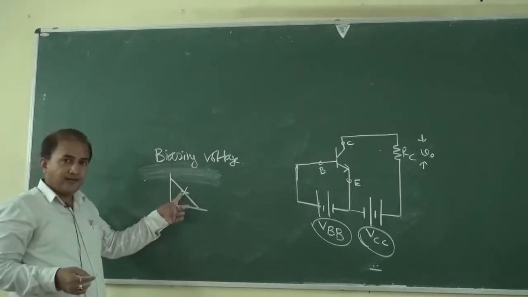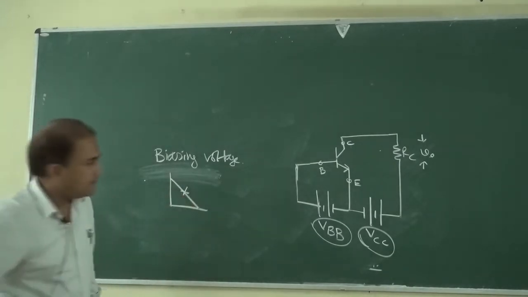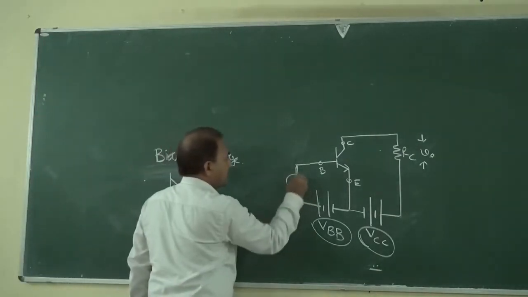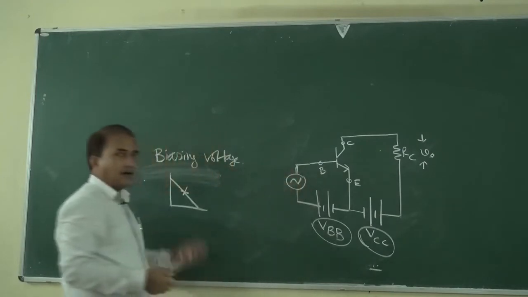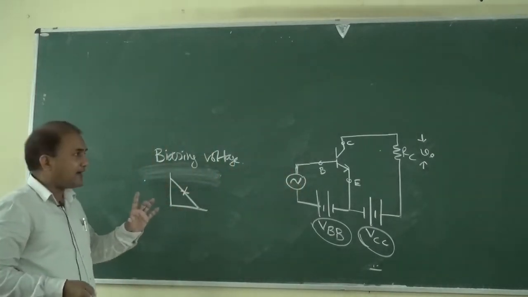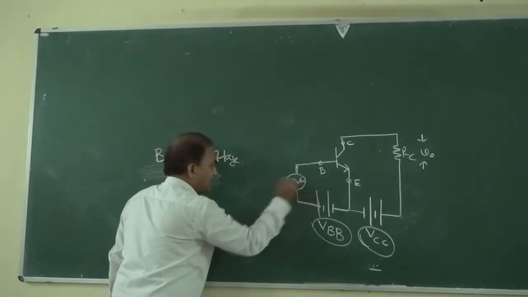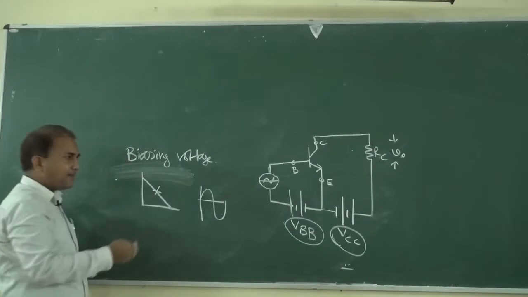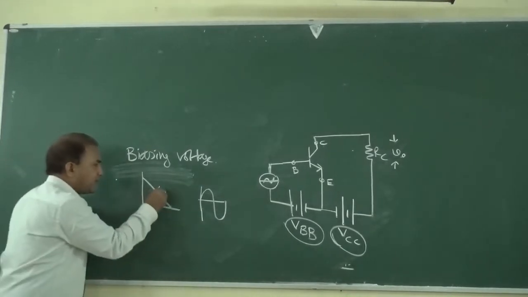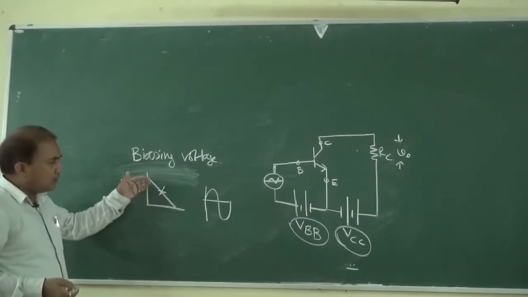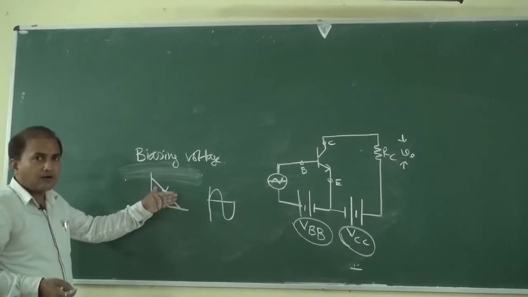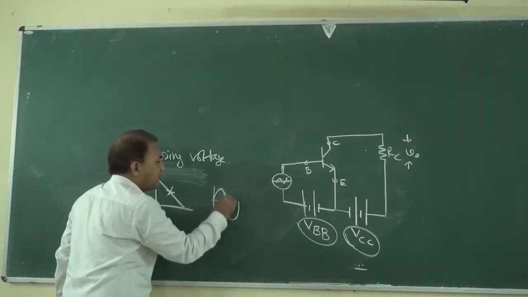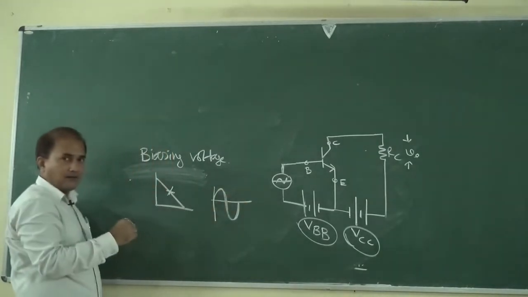Once this operating point is fixed, then if we apply the input signal, a good amplifier should amplify the complete signal, that is the plus half and minus half. The operating point should not go to the cutoff region or to the saturation region for the complete input signal.